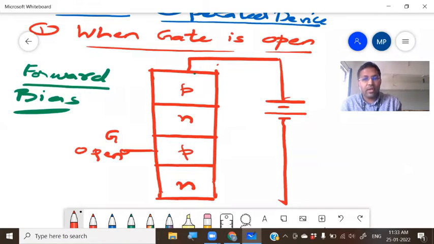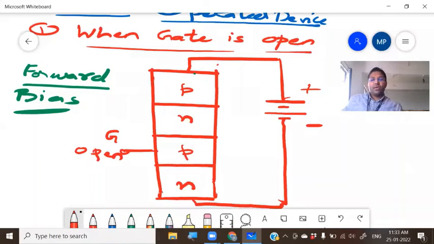So this is forward bias, right? On the N side we are connecting negative. So what happens under forward biased conditions?